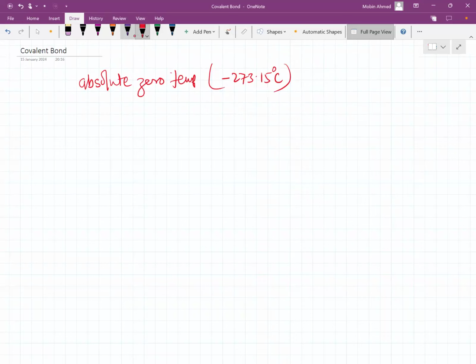So at this, the semiconductor covalent bond. Okay, first, the semiconductor behaves like a pure insulator.